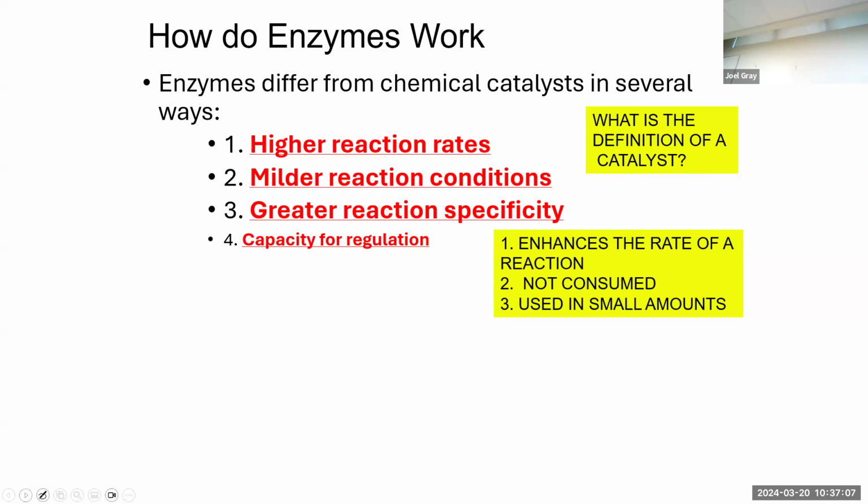Now, taking N2 and H2, you can't just mix them together and be like, well, shucks, I hope that I get some NH3. German scientists took N2 and H2 at, I think, 700 degrees, and I would not even begin to know what pressure, but under extreme temperature and extreme pressure, we're able to convert those two reactants into NH3.